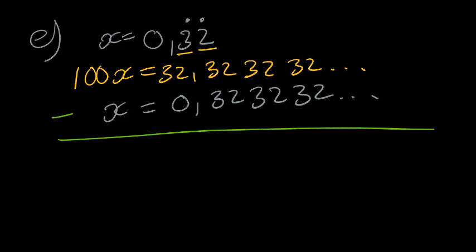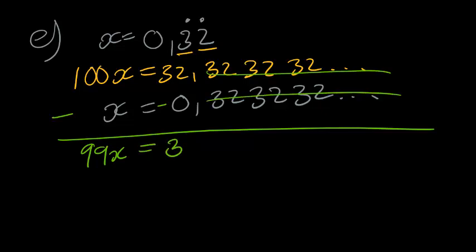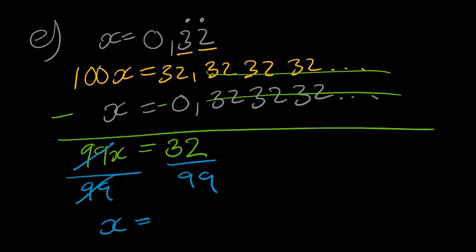Next, I subtract on both sides. 100x minus x is 99x. 32.323232 minus 0.323232. Those cancel out. It is equal to 32. Now I am going to get rid of the 99. Divide by 99 on both sides.